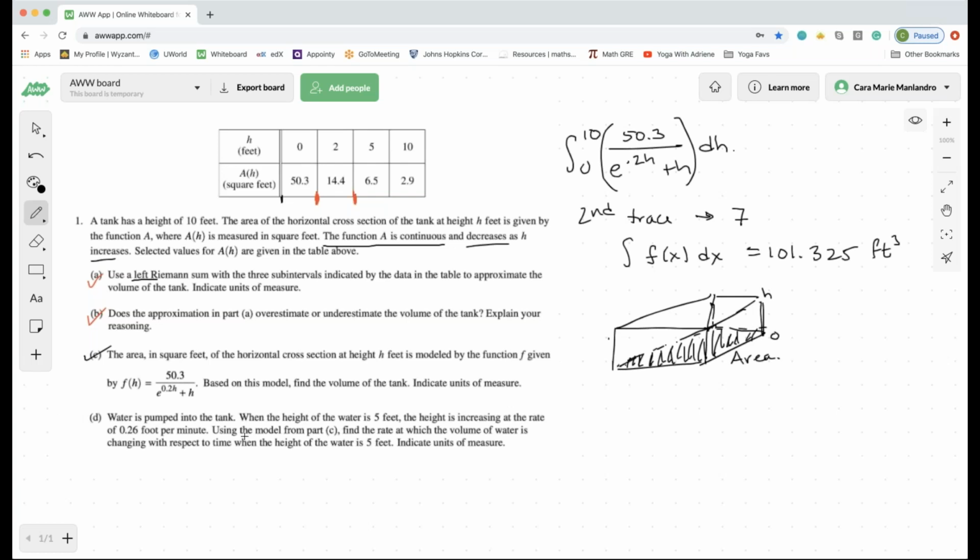Okay, water is pumped into the tank. When the height of the water is 5 feet, the height is increasing at a rate of 0.26 foot per minute. Using the model, find the rate at which the volume is changing with respect to time. So when we see the word rate, what do we think of?